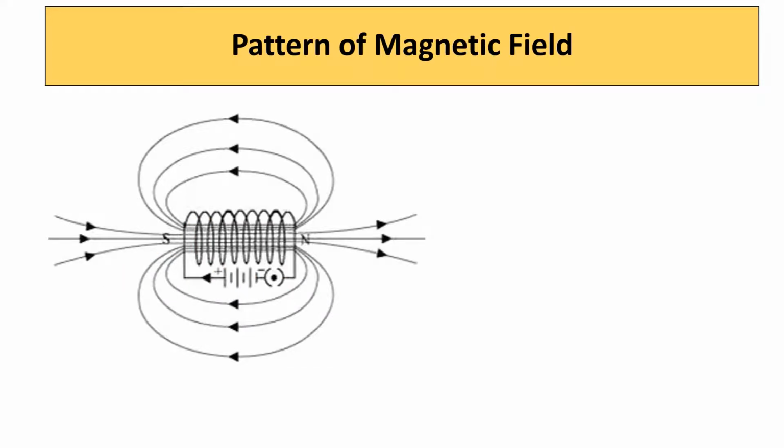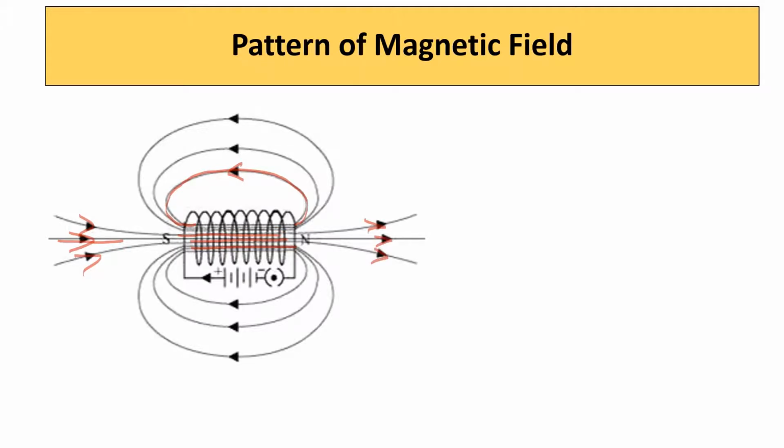When electric current passes through this coil, a magnetic field is produced, and the magnetic field lines are shown in the diagram. The magnetic field lines are from the North Pole to the South Pole, and inside the solenoid, the magnetic field lines are from the South Pole to the North Pole.